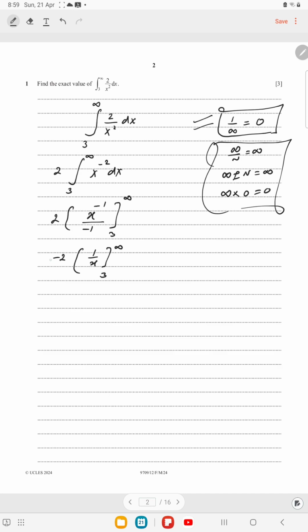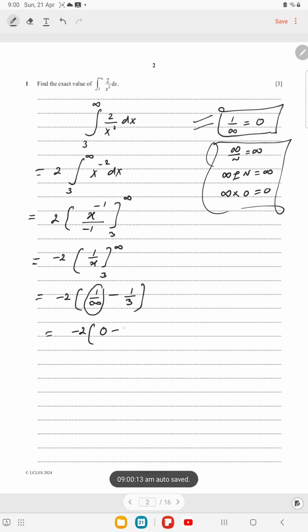Now apply the limits: first the upper limit in place of the variable minus the lower limit, so 1 over infinity, which becomes 0. So 0 minus 1 by 3, and finally we get 2 by 3 as the right answer for this question.